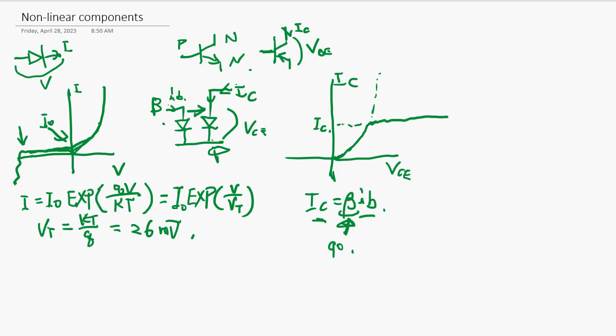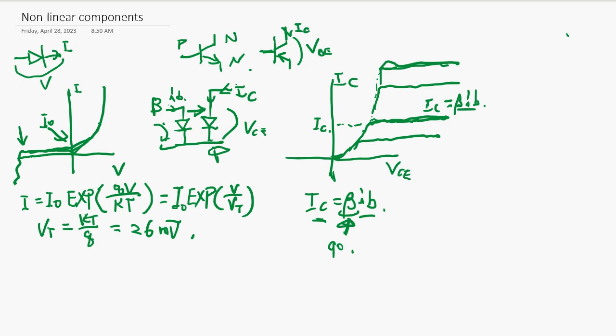So a 90 times larger current is controlled by this little IB, and this side characteristic looks like a diode up to a certain point, and here it's saturated. This saturation current is important. This is beta IB. Depending on different IB, it saturates at different levels. So this is the transistor characteristic.